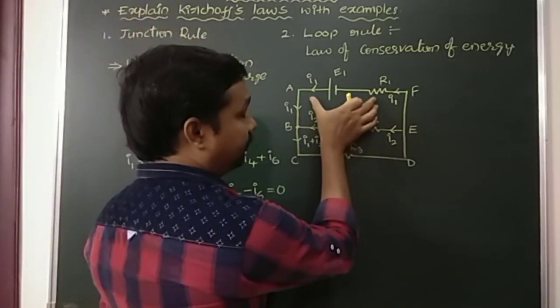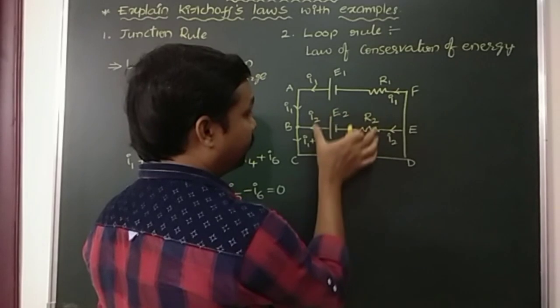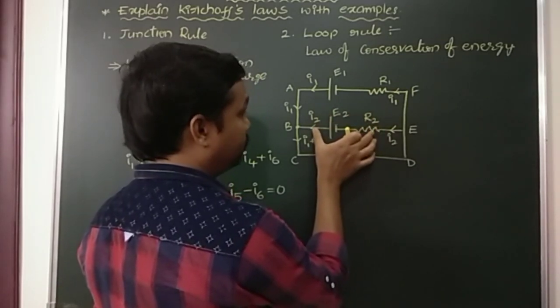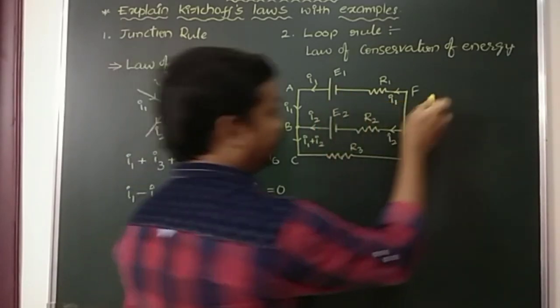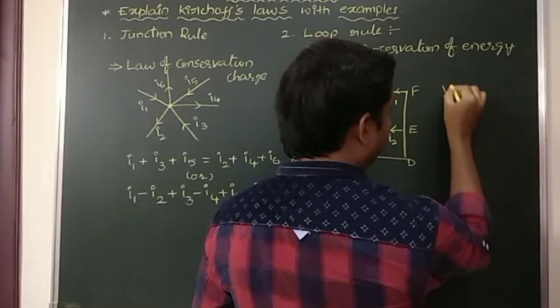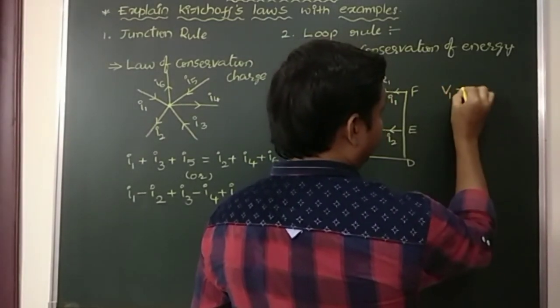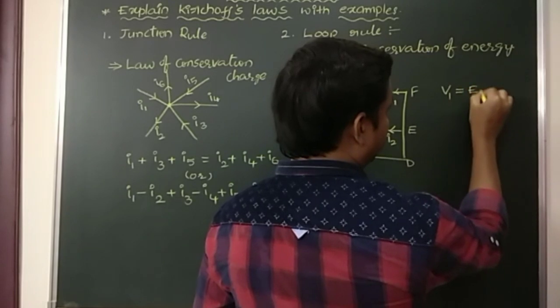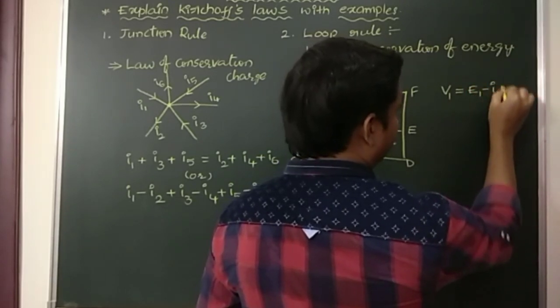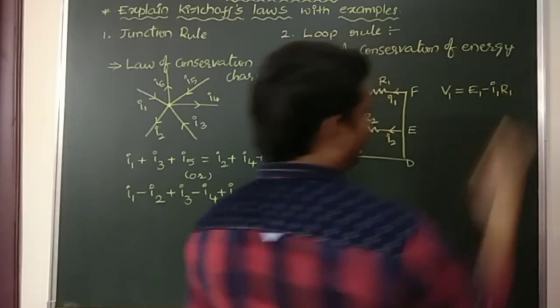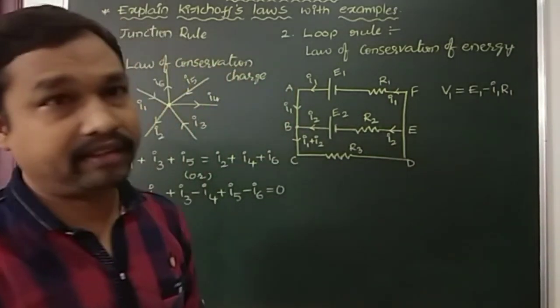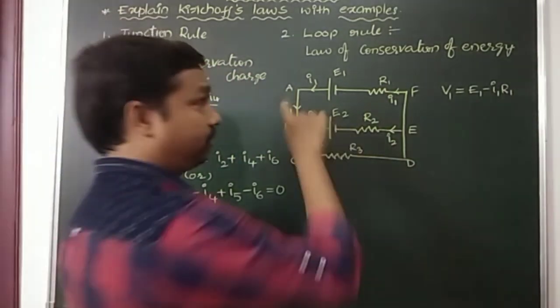What is the potential difference between these two points? I am considering it as V1 for easy understanding. V1 is equal to E1 minus I1 R1.